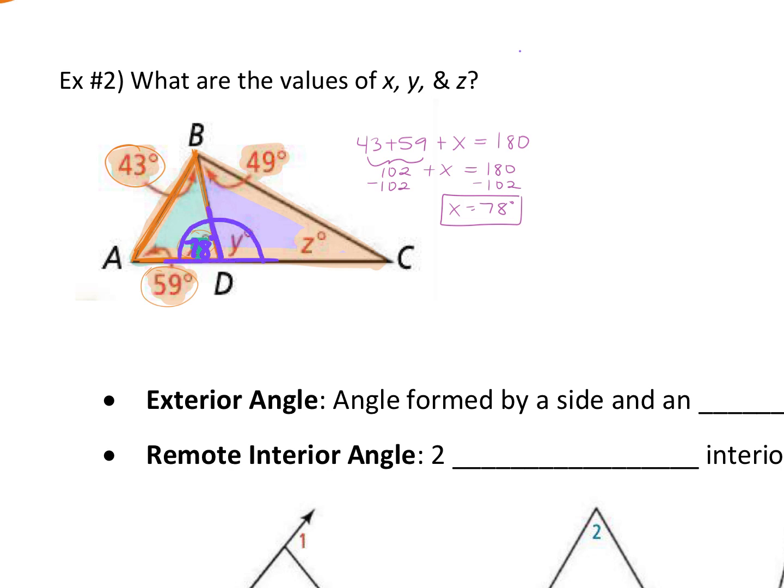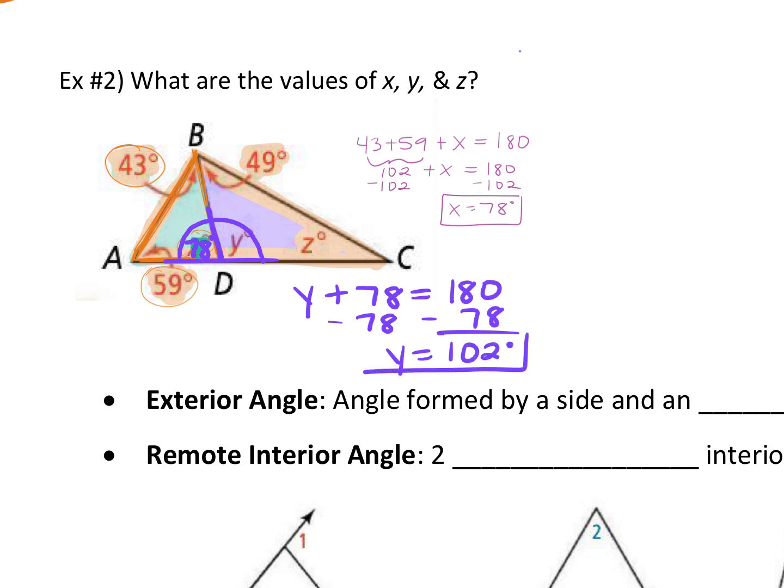So y plus 78 is going to equal 180. They make that straight line. So we're going to take away the 78, and you get y equals 102. Oh, have you seen that number before? We did see that number before. Isn't that interesting? We'll talk about that in just a minute.